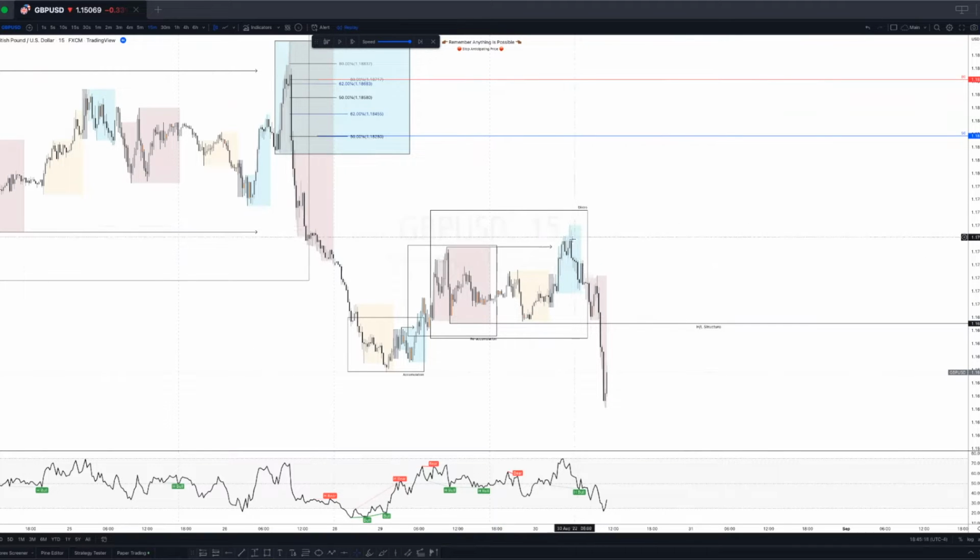And the low that made this high is this low. So let's figure out that entire range. The low that made that high is that low. And the last low that made the push is the structure block here.